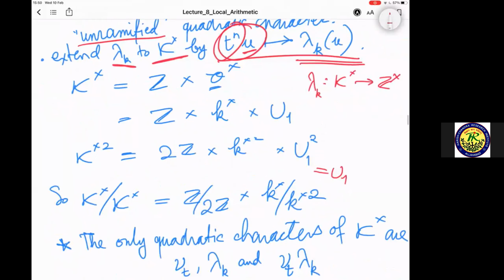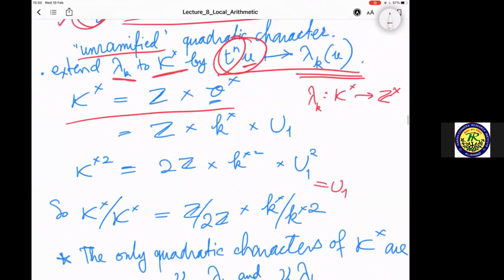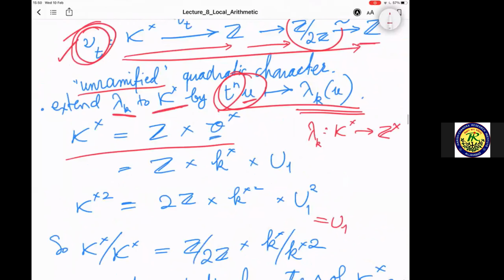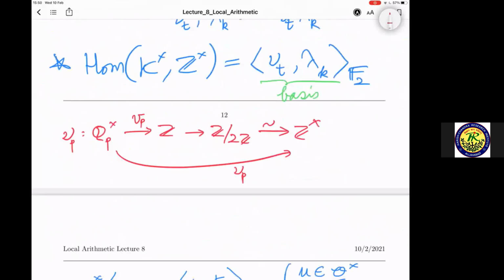So what is the structure of K star? It's Z times O star. There's nothing to explain, because you have this K star, you have v_p, which takes you to Z, and that's surjective.